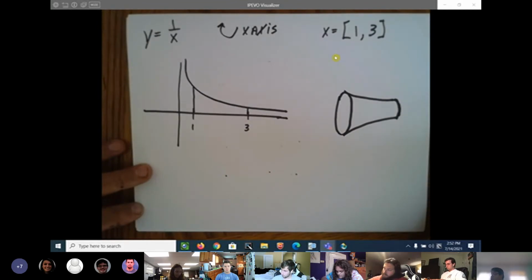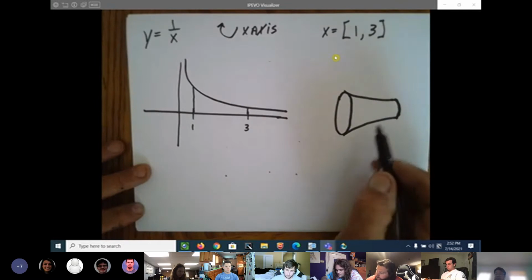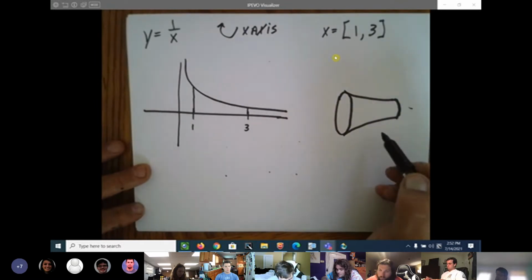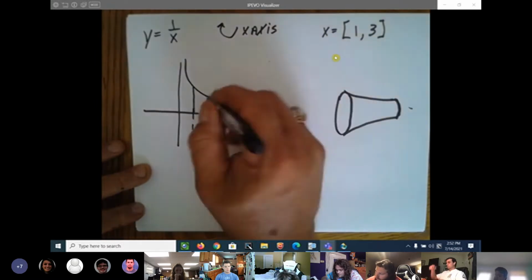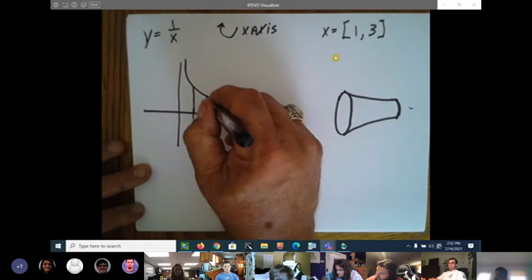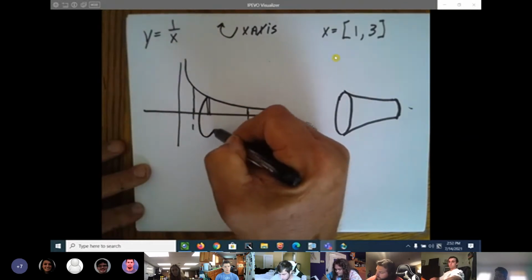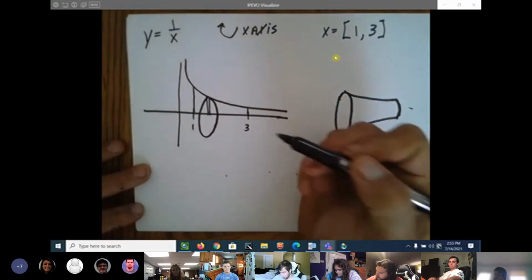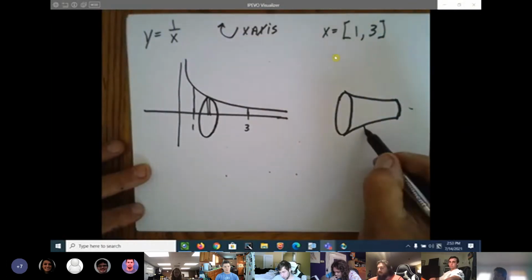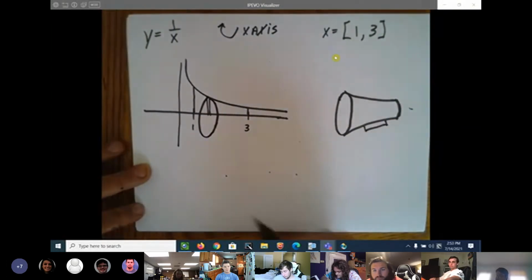Kind of like one of those cone shapes on the stethoscope your doctor has. Like a stethoscope cone, or I don't know. It doesn't have a point on it. Don't laugh at me. Leave me alone. Or it could be a megaphone. Yeah, we'll put a handle there. There you go.